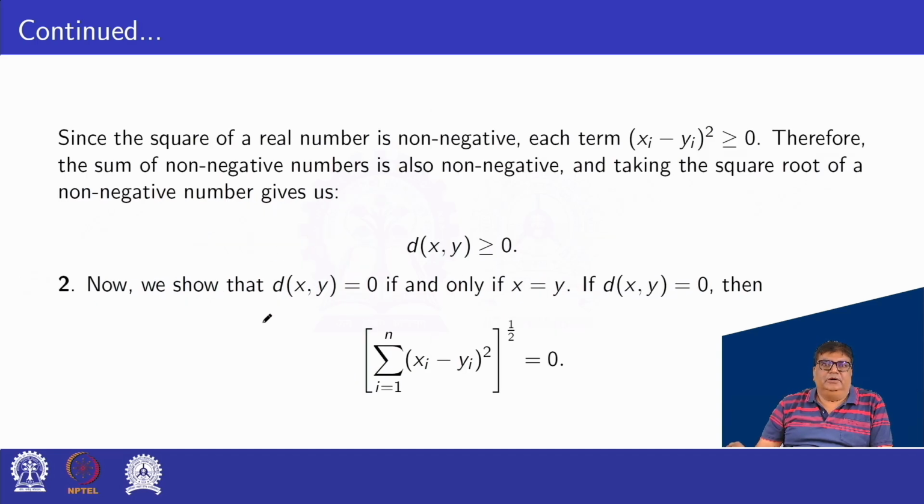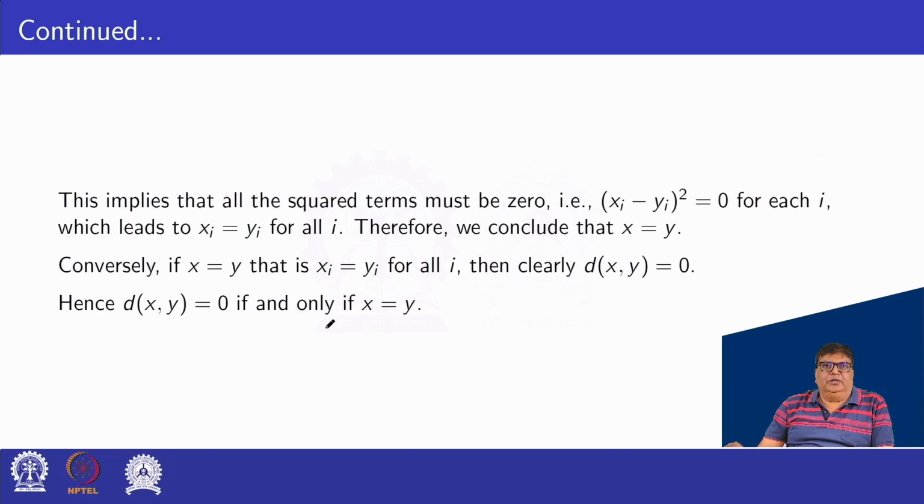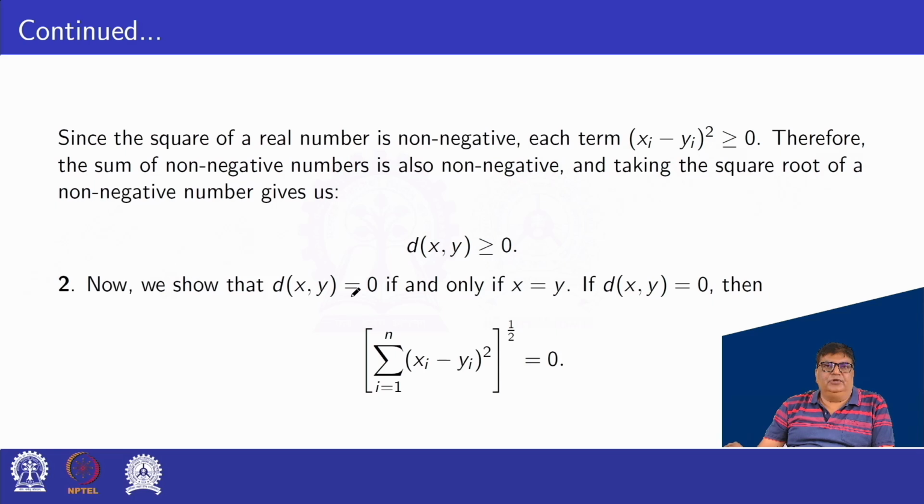Second condition: d(x,y) = 0 if and only if x = y. If d(x,y) = 0, then d(x,y) defined by (summation i = 1 to n of (xi - yi)^2)^(1/2) is equal to 0.